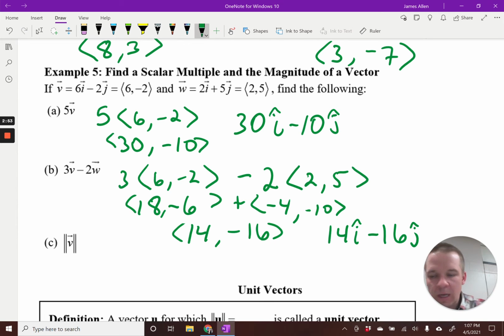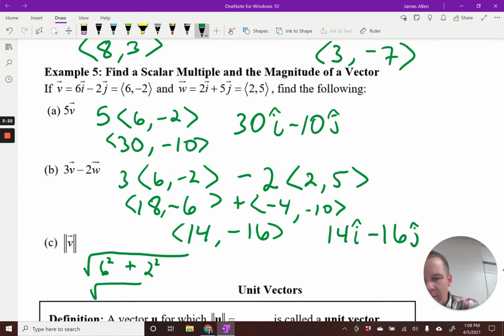All right. Last one for this, and then we're going to do a unit vector, as you can see. Magnitude. So we're doing magnitude of v. That would just be my x direction squared plus my y direction squared in the square root. It's basically the Pythagorean theorem. So we have our distance formula. 6 squared plus negative 2 squared, and I know it's going to become positive.